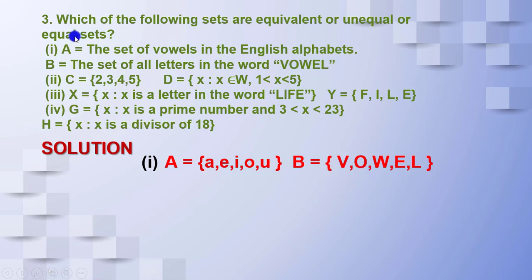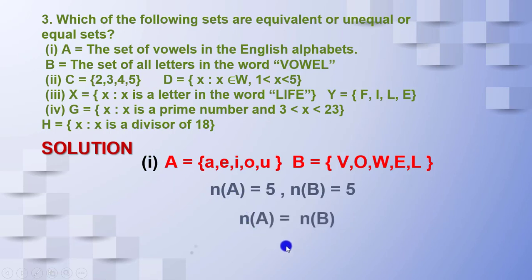Before we go to this, we must know what an equivalent set, unequal set and equal set are. Equivalent set means the number of elements in the sets is the same. Here n of A equal to 5, n of B equal to 5. If the number of elements in the sets is the same, we call it an equivalent set. So the first problem is an equivalent set.